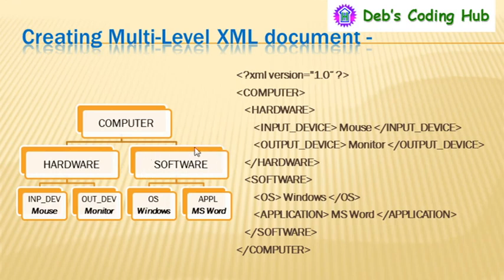Similarly, we'll write software as the right side subtree, and the left side of the right subtree is OS, followed by application, which is the right child of software. So this should be the sequence of writing the XML document: root, left, right.